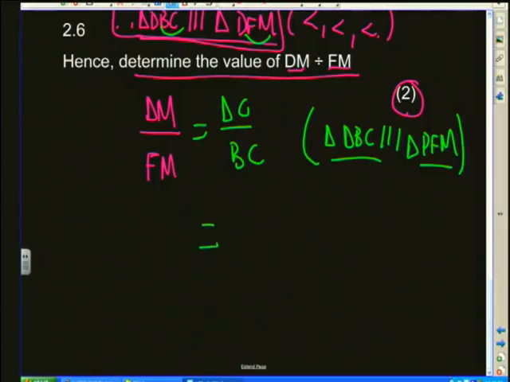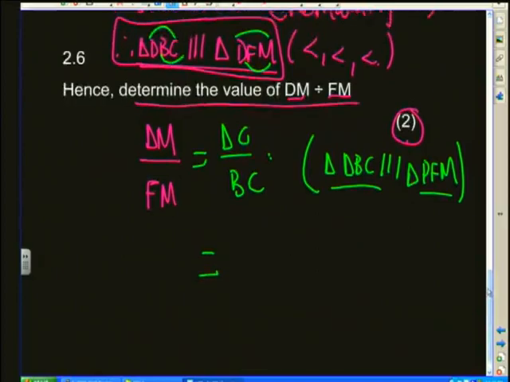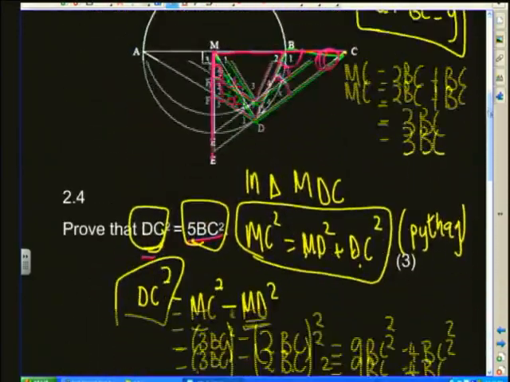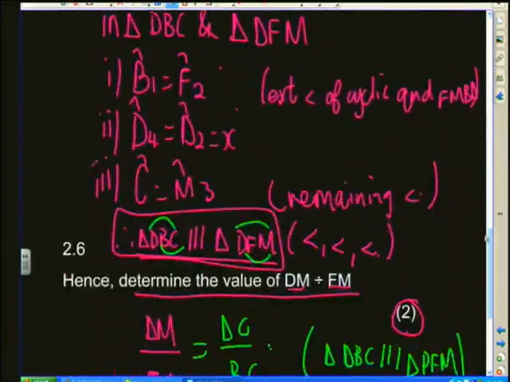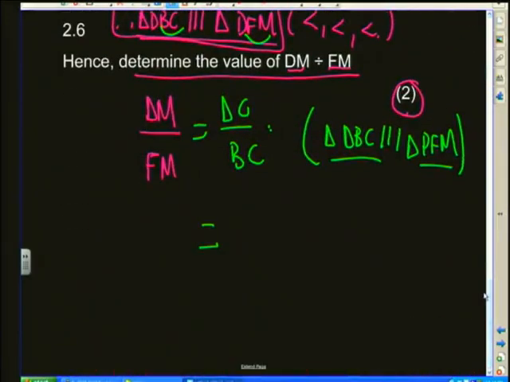Now, they want a value, which means we can probably go a little bit further. DC and BC: let's see if we know anything about these. We proved some information before, so we're going to use that information from 2.4 to write down the length of DC. DC squared is 5BC squared, and this was already proved.